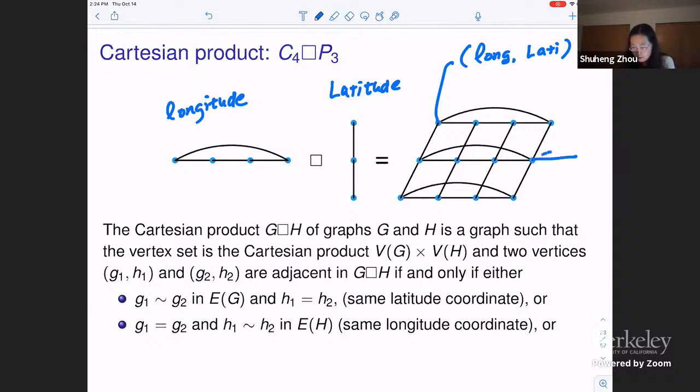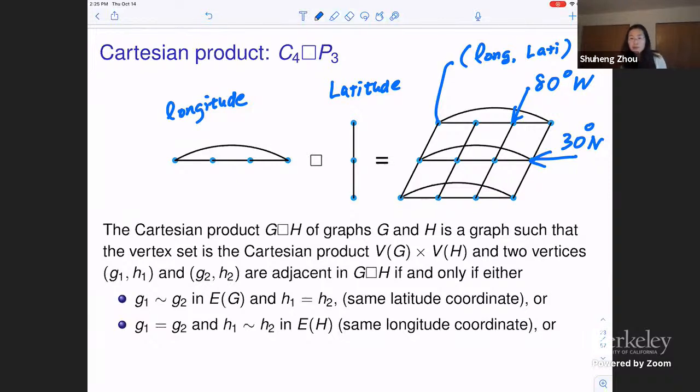So for example, if I pick a particular latitude, say this is 30 degrees north, then I basically see a fiber which is identical to the longitudinal graph. And now if I pick a particular longitude, say 80 degrees west, and I look at that fiber, which is just this path, it corresponds to the latitude graph we saw in the previous picture.